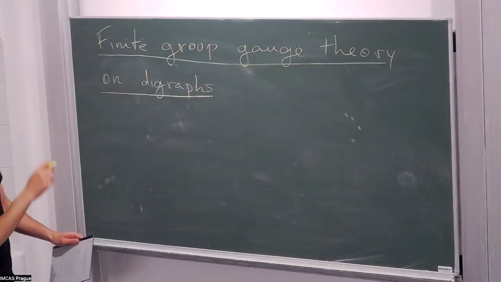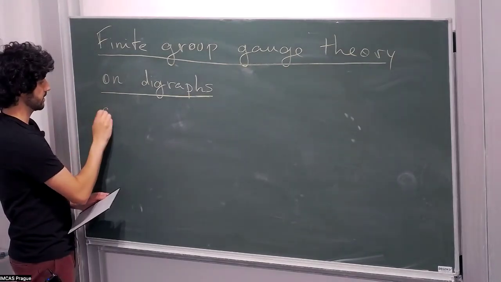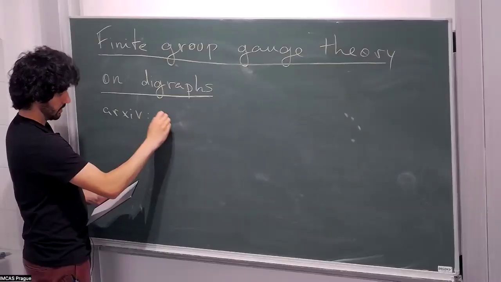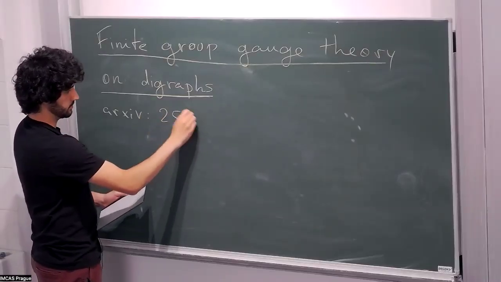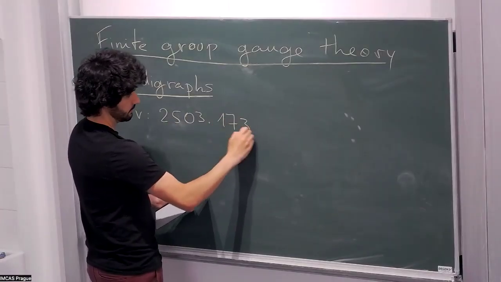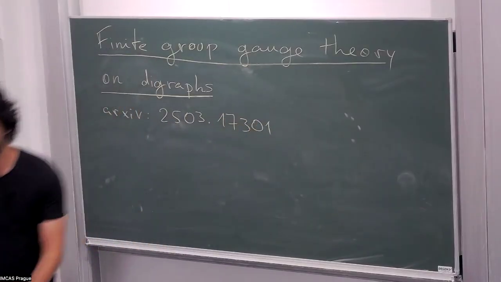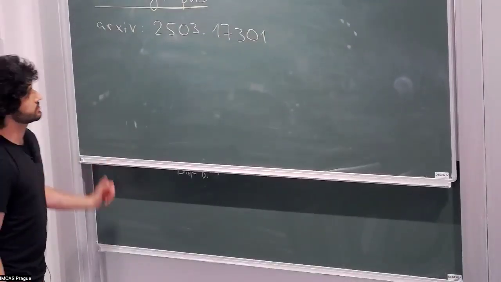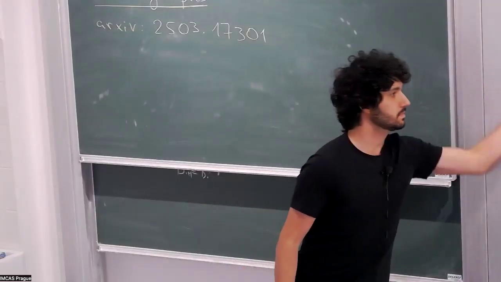This will be based on a paper that you can find on arXiv as of a couple of weeks ago, 2503.17301. Okay, so what is the motivation for this project?